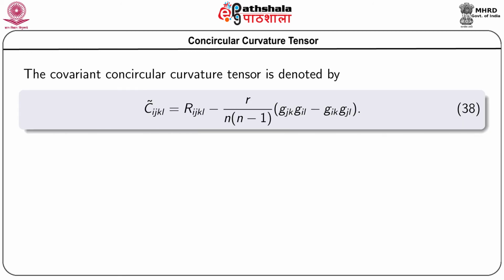and the covariant concircular curvature tensor is given by this one: C tilde_ijkl equals R_ijkl minus R by n(n minus 1) under the bracket g_jk g_il minus g_ik g_jl.